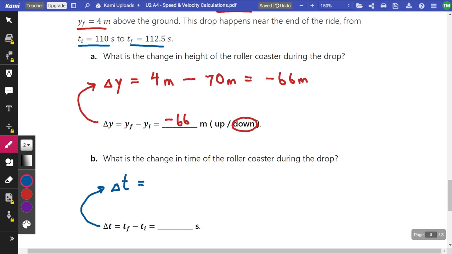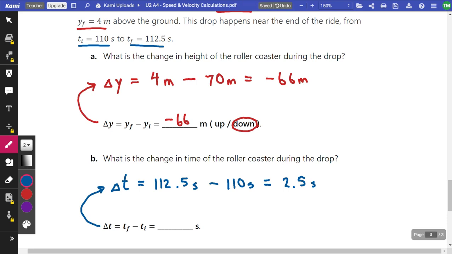So our final point where we stop the stopwatch is 112.5 seconds minus where we started, which was 110 seconds. If you plug this into a calculator, you should get about 2.5 seconds.